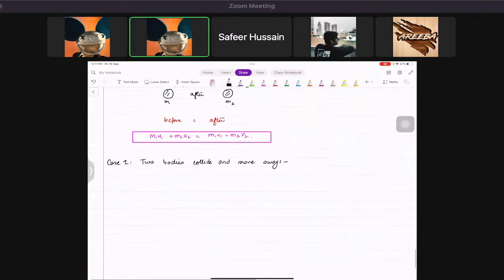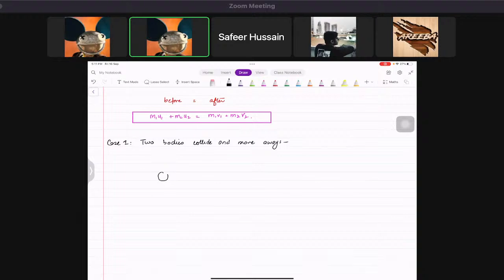Suppose this is m1, 2 kg, u1, 10 meters per second going in this direction, m2, 5 kg, u2 going in the opposite direction, and afterwards m1 with speed 6 meters per second goes here, and we don't know where m2 goes.